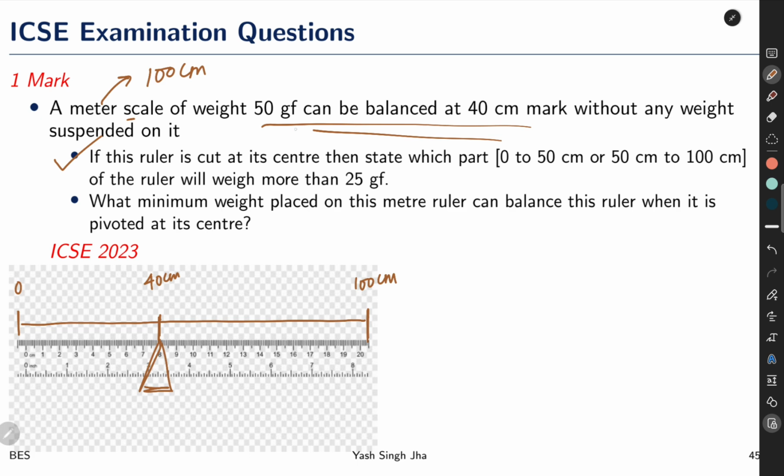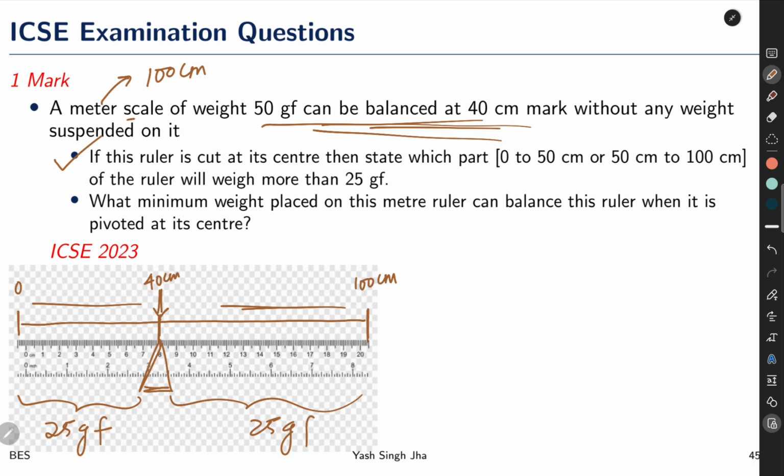Now they are saying that it can be balanced at the 40 centimeter mark, which means the moment produced by the weight of the left part and the weight of the right part will be the same. The center of gravity is here. So the left part weighs 25 gf and the right part weighs 25 gf as well.